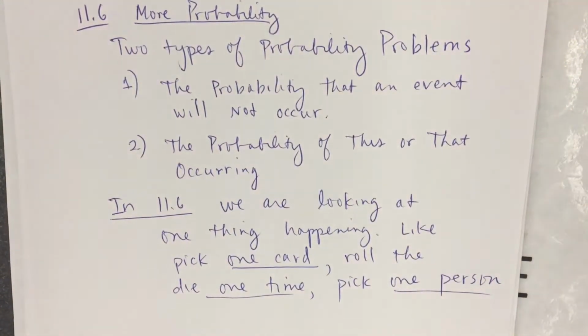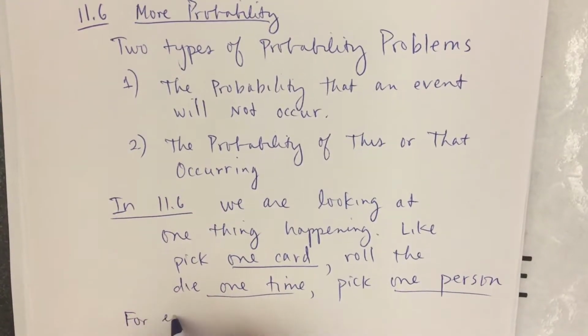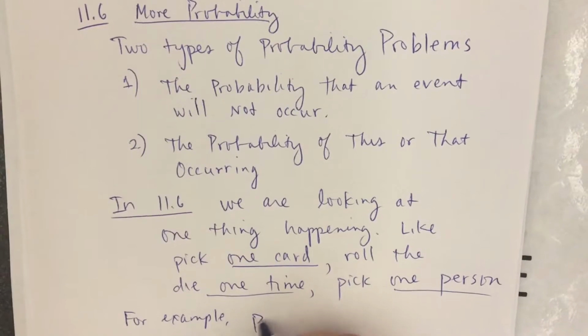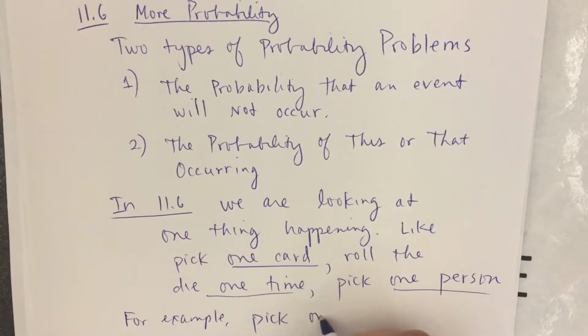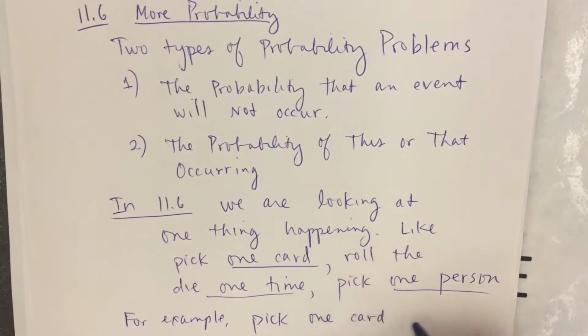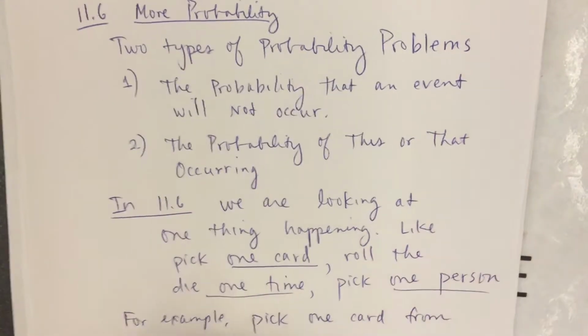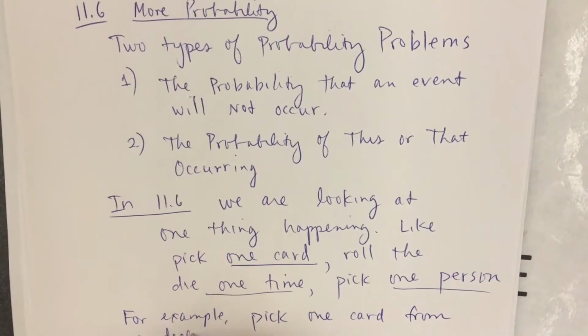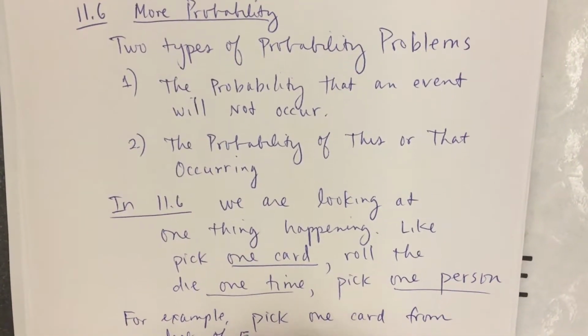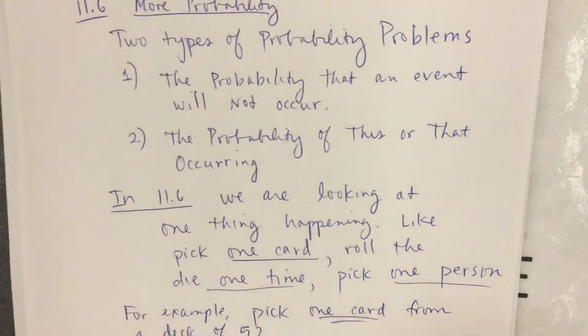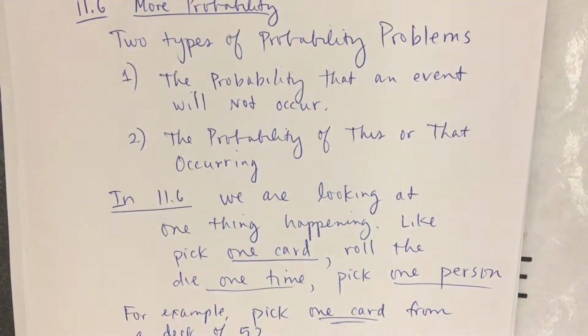And what I mean by the this or that is it could work like this. So we pick one card from a deck of 52. So there's your one event.